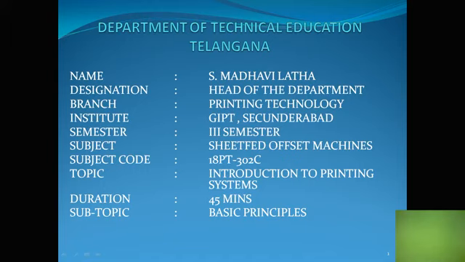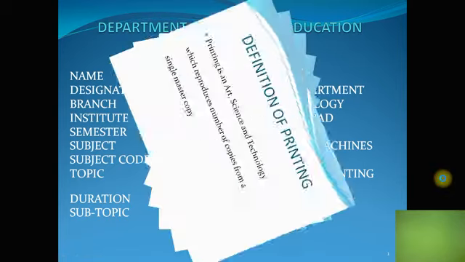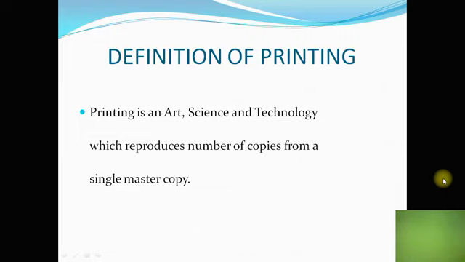In those subjects, you must have learned about the definition of printing, the conventional types of printing systems, what materials are used in printing, what image processing is, and how the layout is to be prepared. All those things in those two semesters. So let us recall all those things initially, and then we will enter into the subject sheet-fed offset.